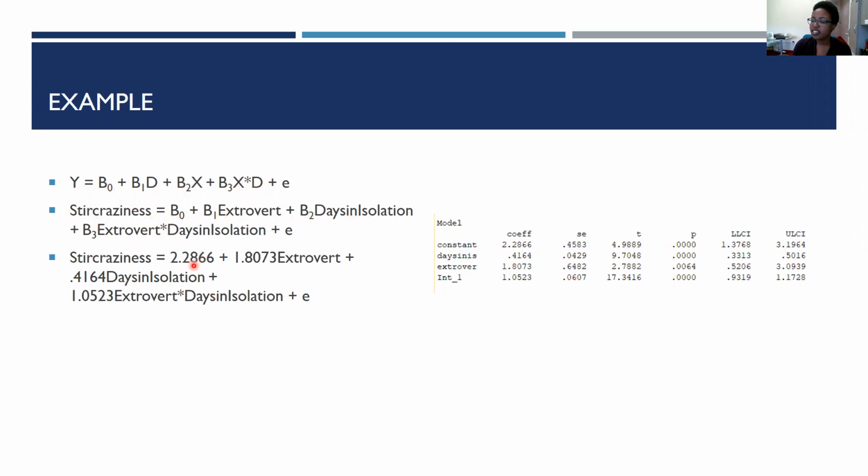Stir craziness starts out at 2.82866 for our introverts. Our extroverts are 1.8073 higher on average than our introverts in stir craziness. For each day in isolation, you're going to get 0.4164 more stir crazy, and then our interaction term is that difference in the slope for how much more stir crazy that our extroverts are going to be.